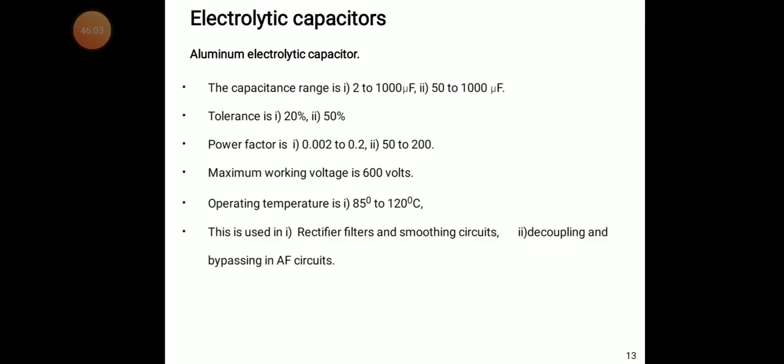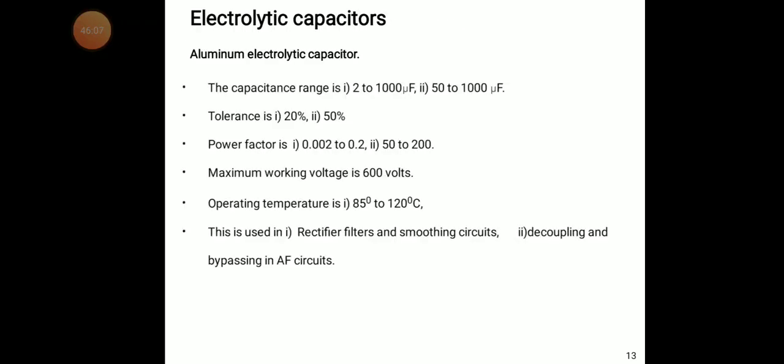Another one is the electrolytic capacitor. Here we use the aluminum electrolytic capacitor. Generally we have two types: aluminum and tantalum. In the aluminum electrolytic capacitor, the capacitance ranges from 2 to 2000 microfarad, 50 to 1000 microfarad.